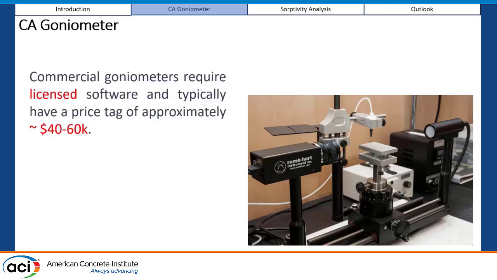And look at the price of this device. You can buy a very good spectroscopy device with this money. Why is it so expensive? Because the software is licensed. So either you have to develop your own software or you have to use their licensed software.